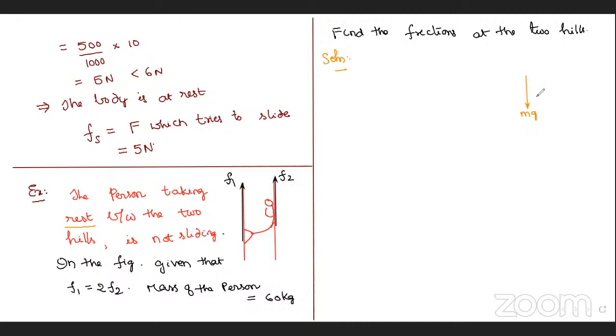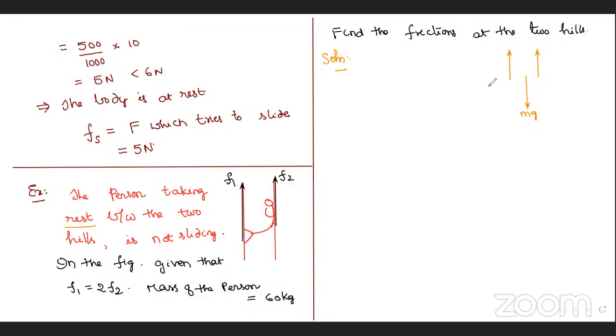This is mg. And here you will get the two frictions, one at the legs, other at the back, like this.